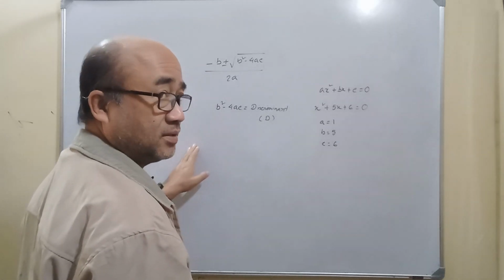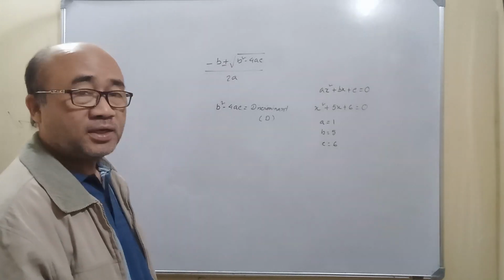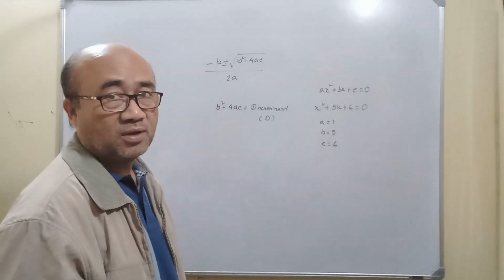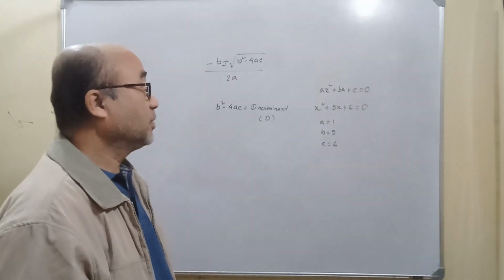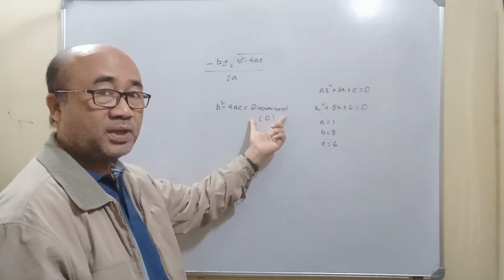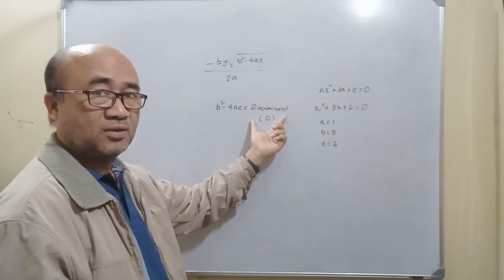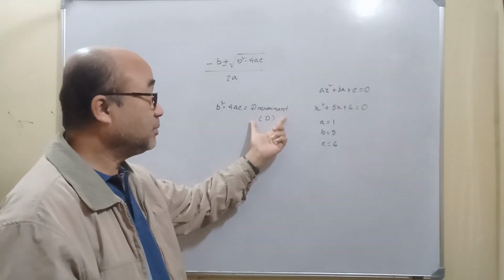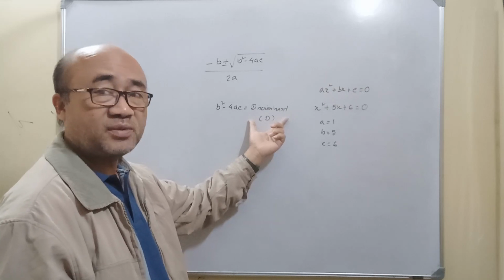So what does that mean? We know that a quadratic equation can have at the most two roots or two solutions, right? So the discriminant distinguishes between the type of roots, what type of solutions we will get. So the name discriminant, it distinguishes, it discriminates.